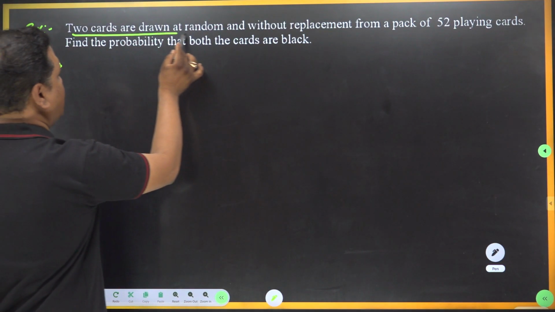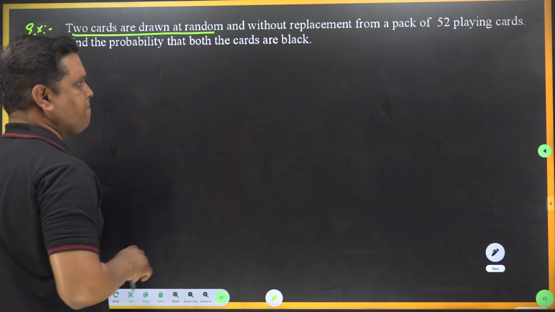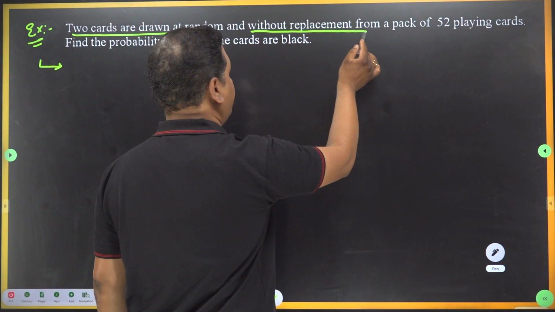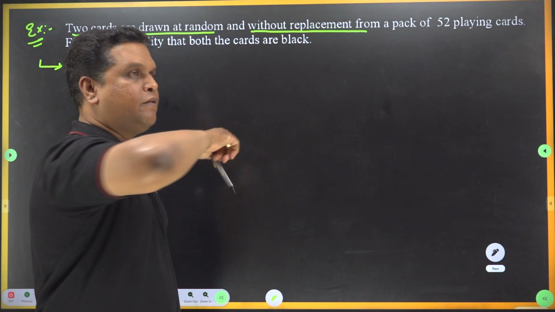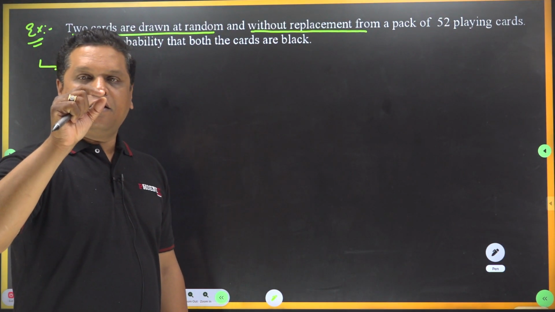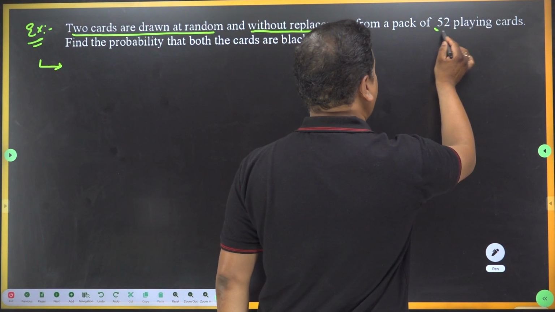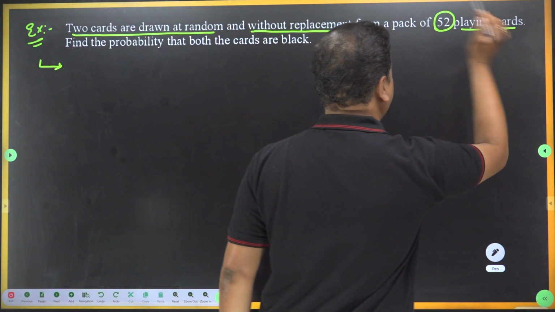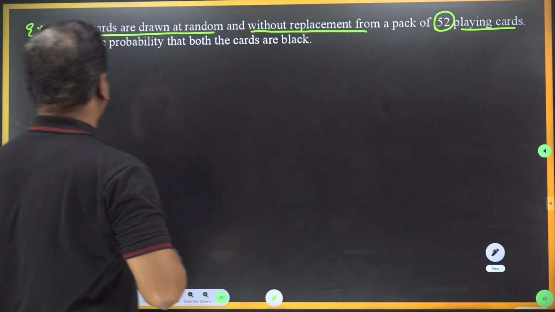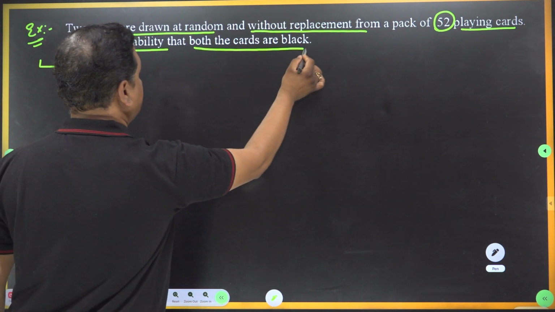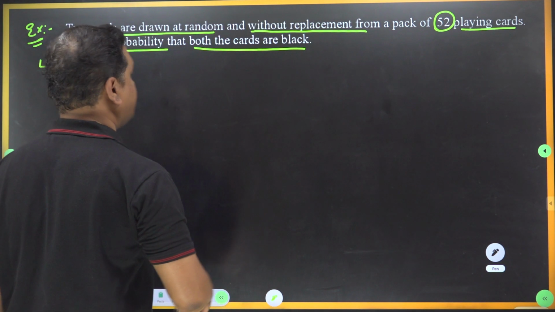Two cards are drawn at random and without replacement, that means once you pick the card, don't put it back. From 52 playing cards, find the probability that both cards are black.